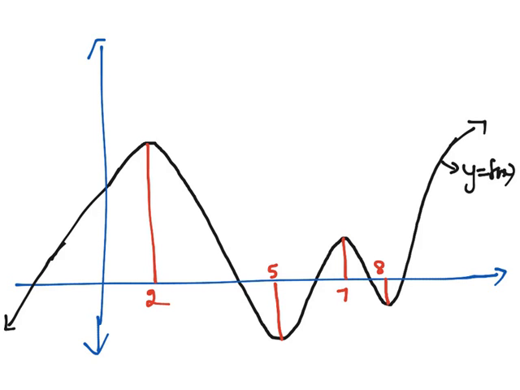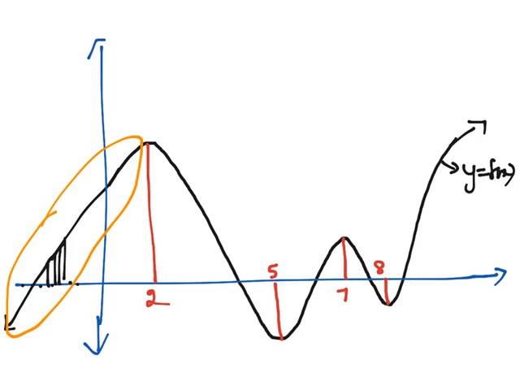You can see here before 2, this part of the curve, the function is increasing, isn't it? As x becomes bigger, so does f of x. What about after 2?